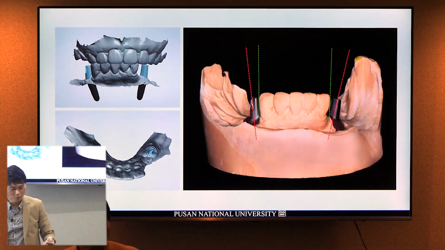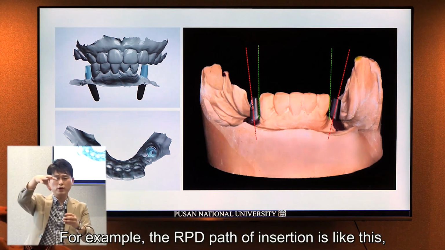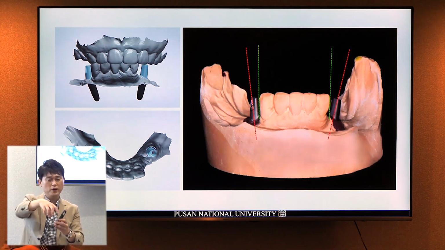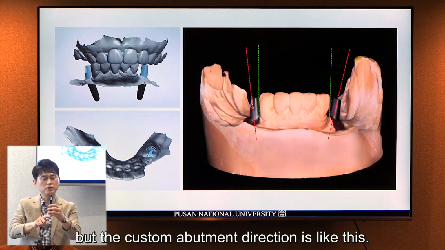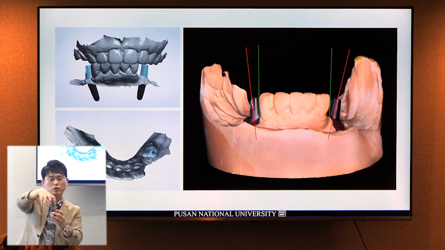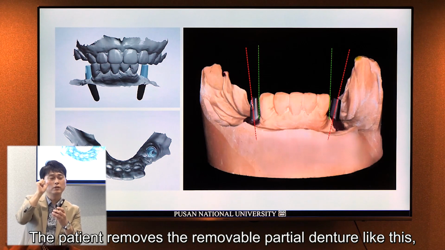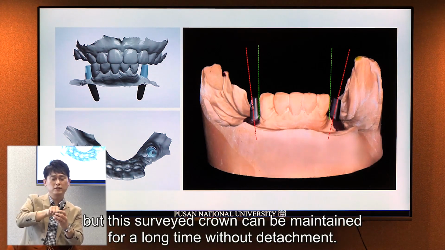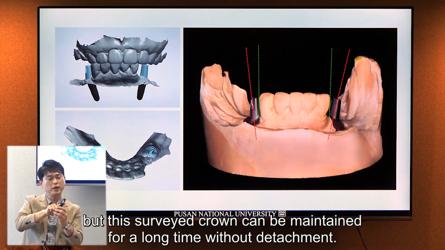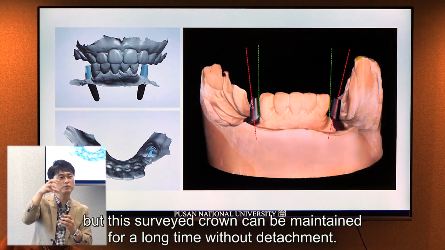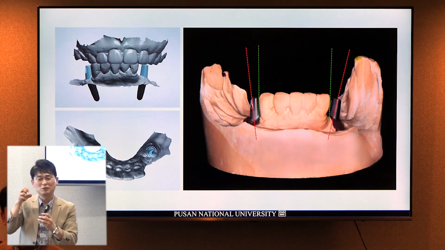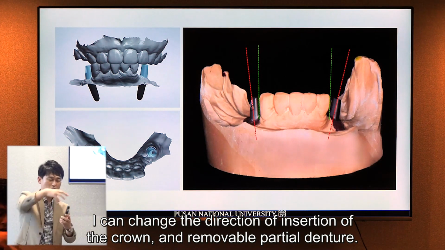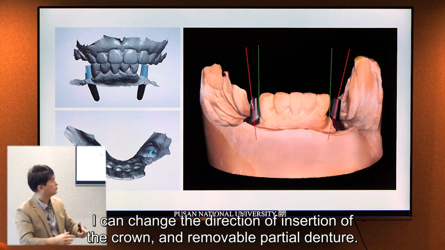Do you understand? So, for example, the RPD path of insertion is like this, but the custom abutment direction is like this. So the patient removes the partial denture like this, but this surveyed crown can be maintained for a long time without detachment. Do you understand? I can change the direction of insertion of the crown and the removable partial denture.